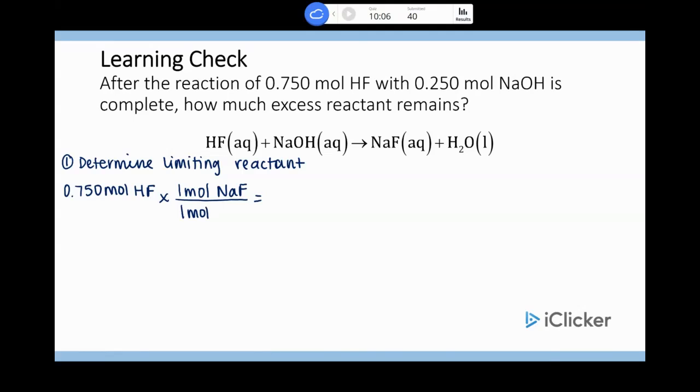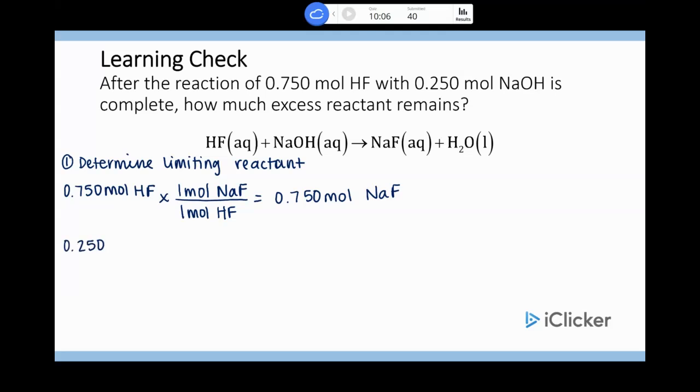For every 1 mole of sodium fluoride produced, 1 mole of hydrofluoric acid is used. So 0.750 moles of hydrofluoric acid would produce 0.750 moles of sodium fluoride. We use the same calculation with our molar amount of sodium hydroxide.